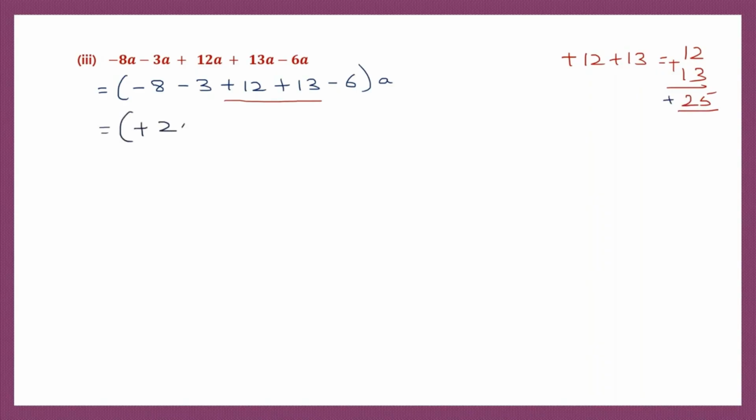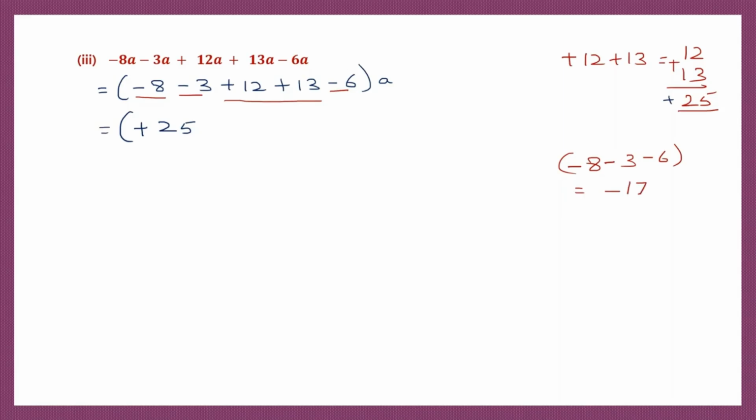Now let's take all the minus signs. So we have minus 8, then minus 3, and minus 6. We'll put them all together. When signs are the same, put the same sign and add. 8 plus 3 is 11, 11 plus 6 is 17.